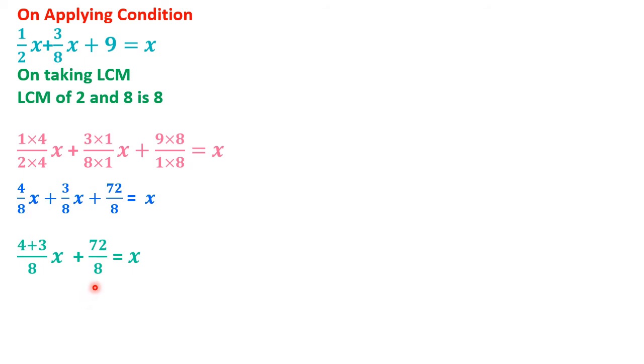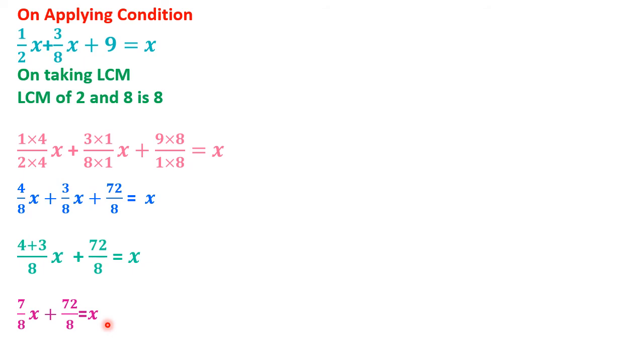Why? Because it is not having the variable. Let it remain separate. And now what will be our next step? On adding the numerator 7, you'll get 7, and in the denominator, it will be taken common. So 7 upon 8x plus 72 upon 8 is equal to x.